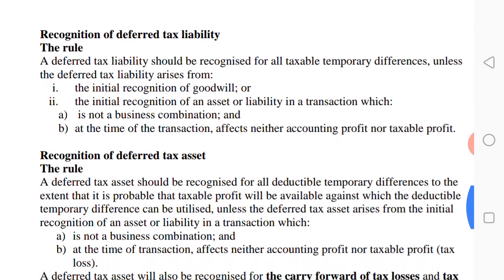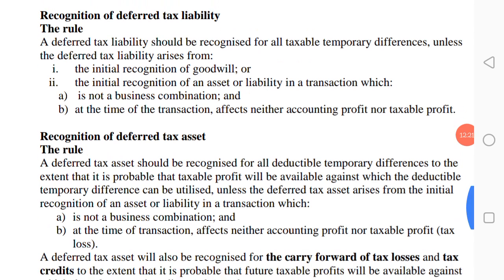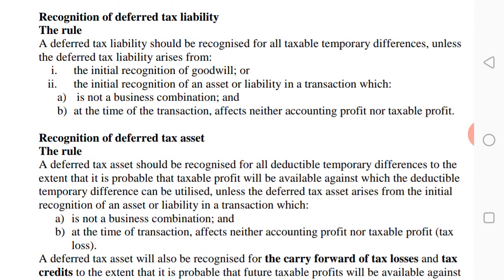Now, let's talk about the recognition of a deferred tax liability. How will you know that this is a deferred tax liability? The rules. When we say a deferred tax liability, it might be derived from either assets or liabilities, or income and expenses.